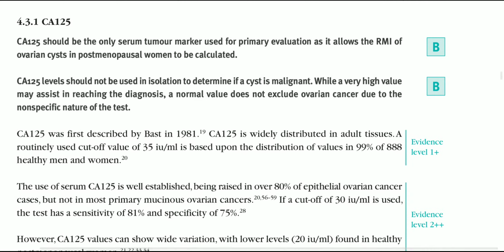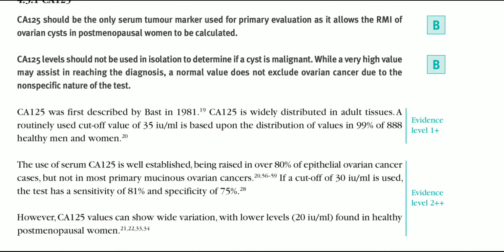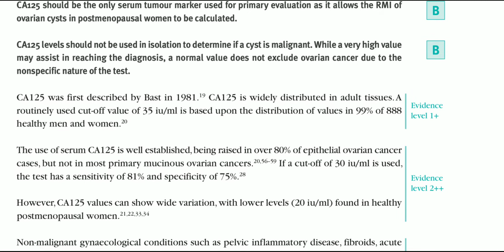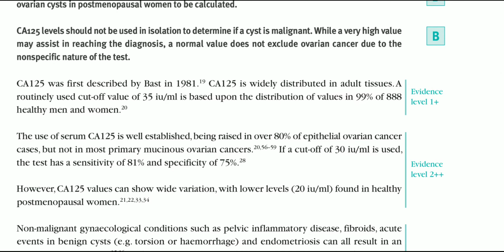Okay, there are certain conditions in which the normal level does not exclude the ovarian CA. Because it's written that a cutoff value of CA-125 is that of 35 international units, but we have a sensitivity of about 81% and specificity of 75% if the cutoff of 30 is used.